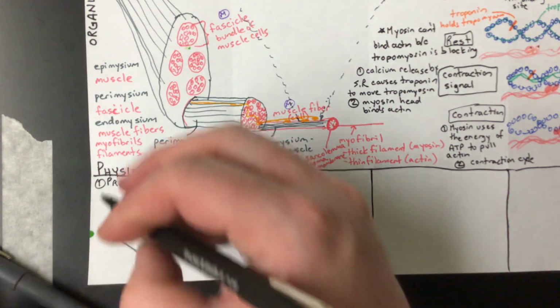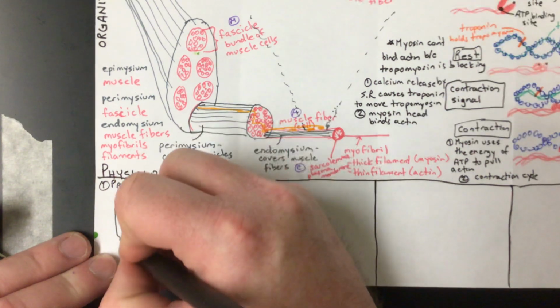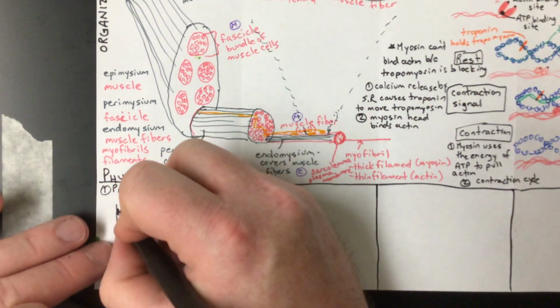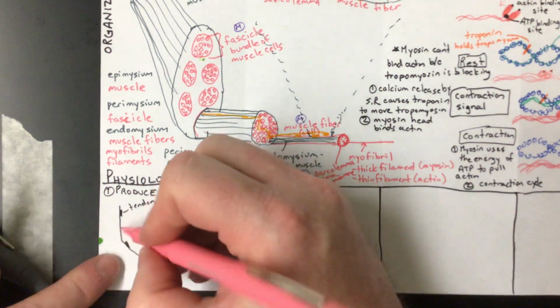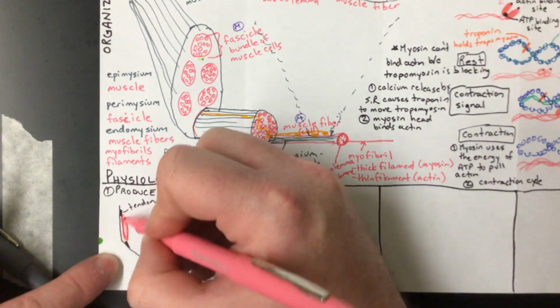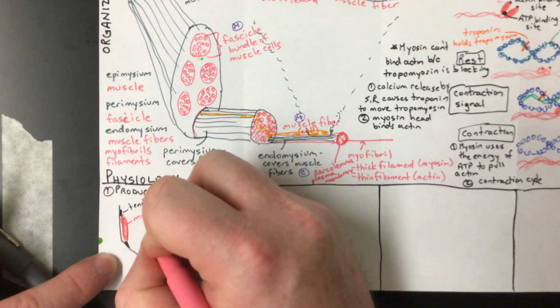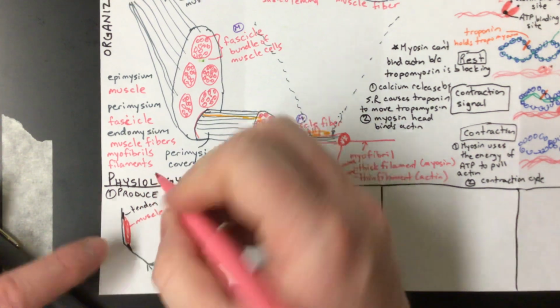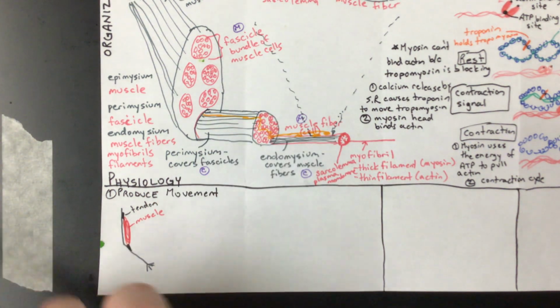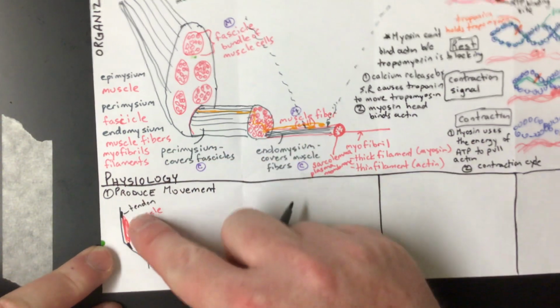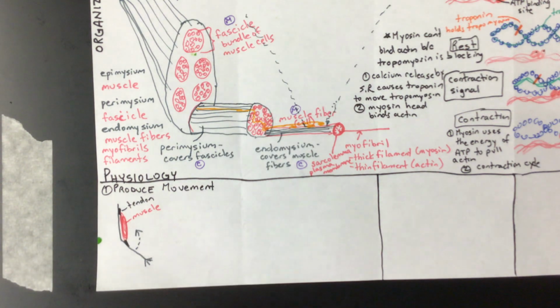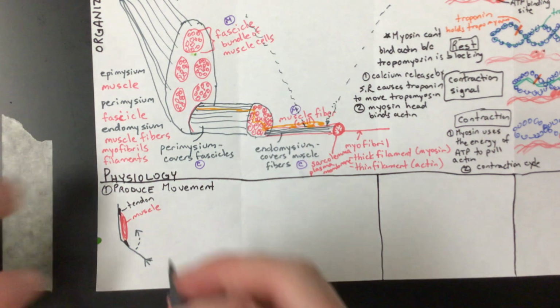And I want to draw very deliberately our tendons so we remember that anatomy. We'll draw very deliberately here our muscles. And so what happens is the muscle will contract and pull on a bone to cause this movement right here.